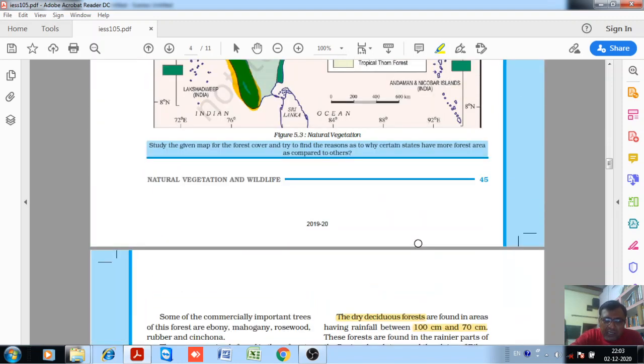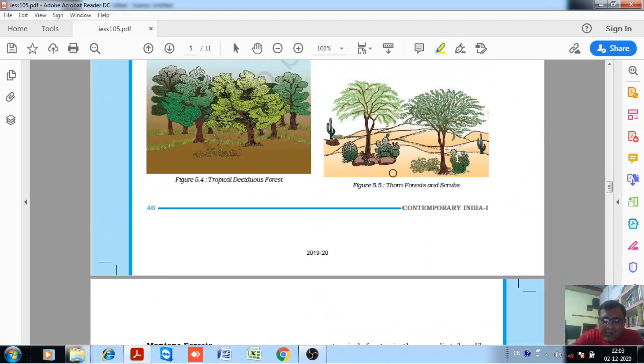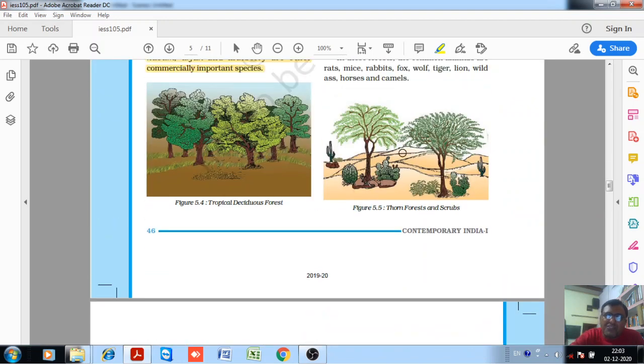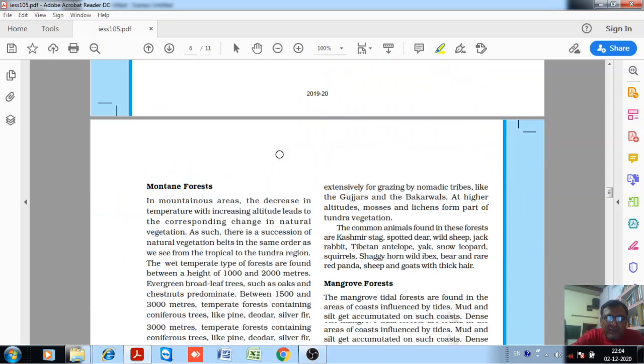Temperatures are higher here in 5.5 but moisture is very less, and very less rainfall is received here. So that's why less vegetation is found there. In the tropical deciduous forest, there is moderate rainfall, moderate temperatures, and that's why moderate type of vegetation is found there.